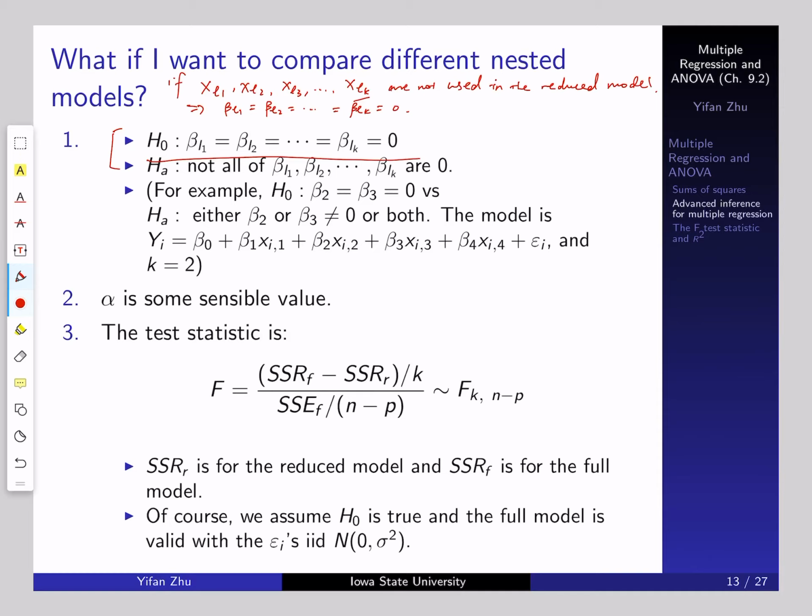For example, you have this hypothesis, beta 2 equals beta 3 equals 0, and the alternative, either beta 2 or beta 3 is not equal to 0, or both. And the full model is this. You have 4 predictors, so beta naught, beta 1, beta 2, beta 3, beta 4 are the 5 parameters.